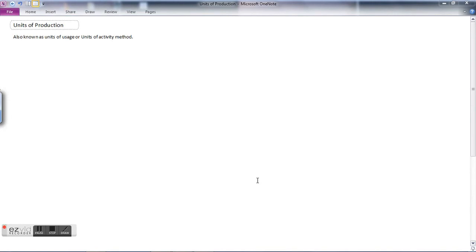Okay, so let's see. Depreciation is based on the output produced during the period to the total output producing capacity of the machinery.